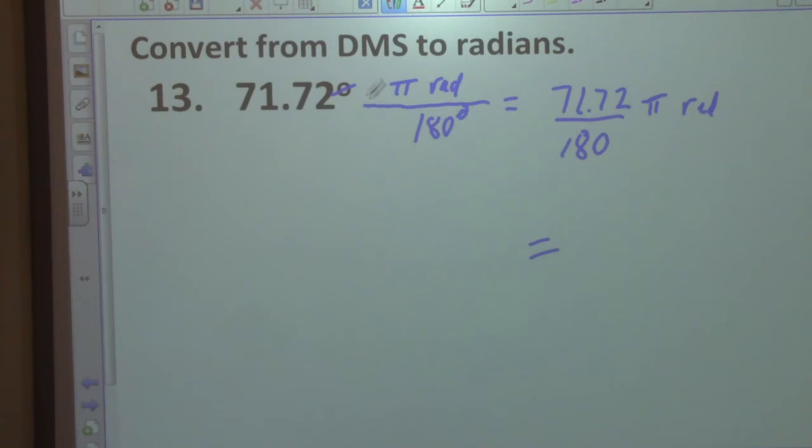But even before you press the calculator, how many radians is this going to be approximately equal to, based on what we talked about earlier today? How many radians is this going to be approximately, even before you press the calculator button? Yeah, like 1.5 maybe. At least one.